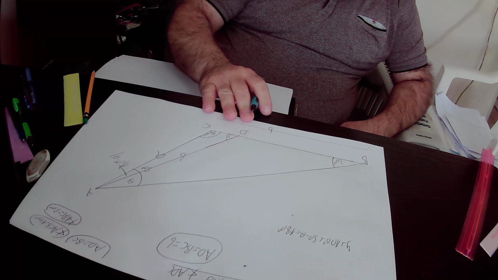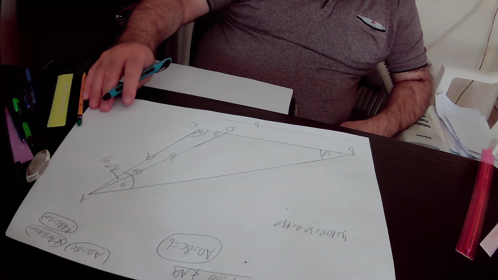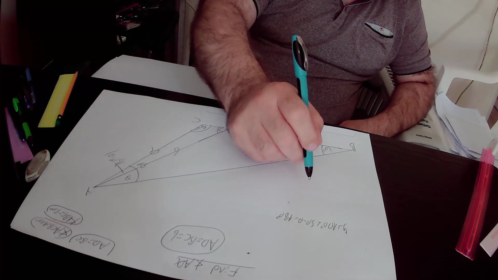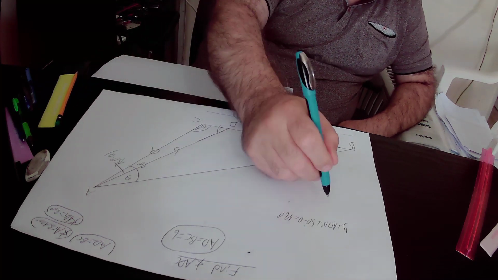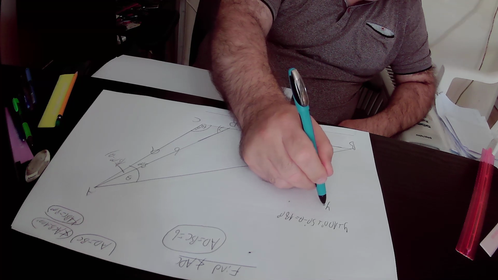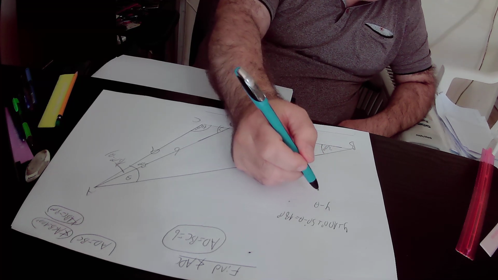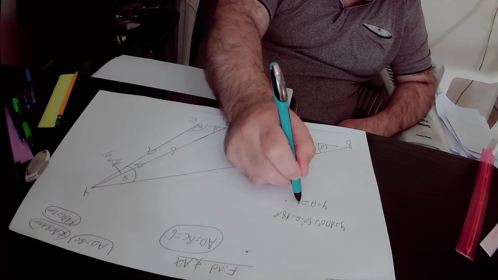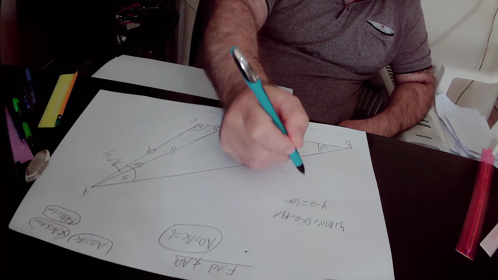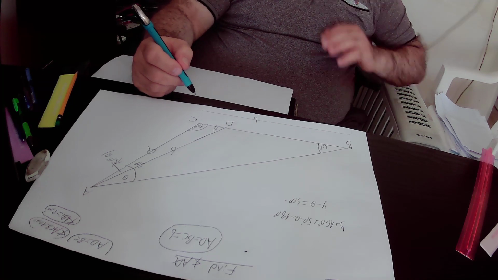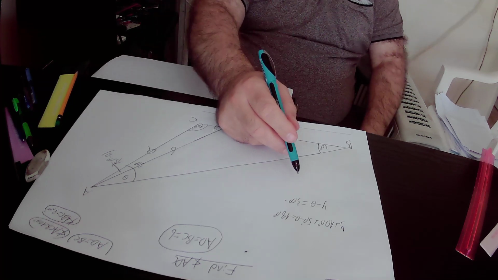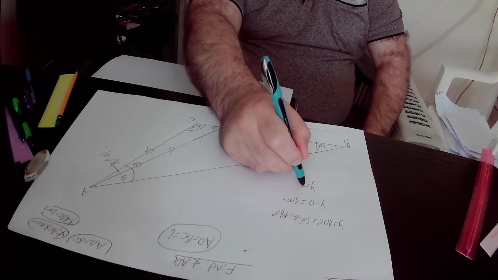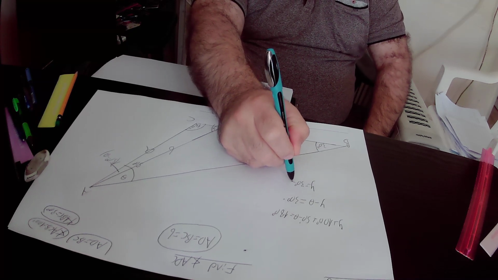So here we subtract 150 degrees from this equation, and we get that angle Y minus theta equals 180 degrees minus 150 degrees, which is 30 degrees. Here we add theta to this equation, and we get that the value of angle Y is equal to 30 degrees plus theta.